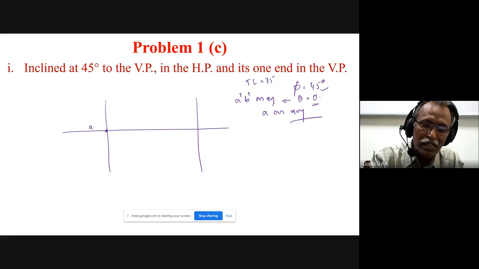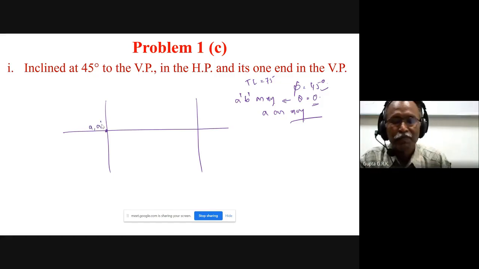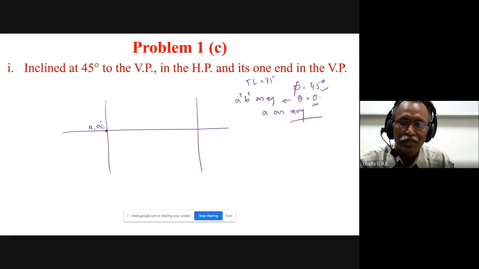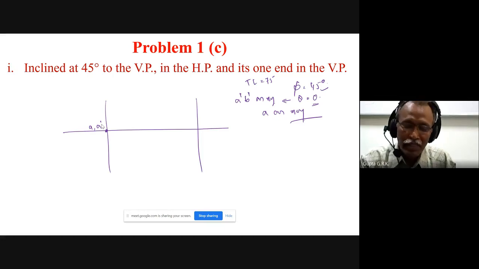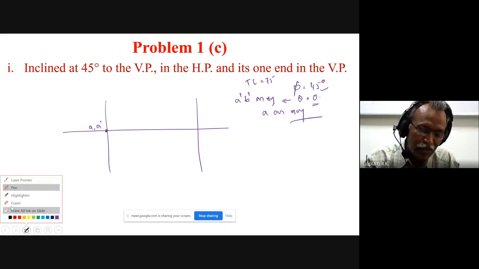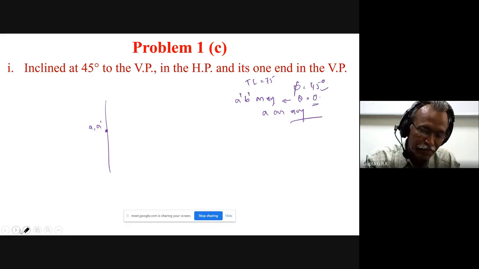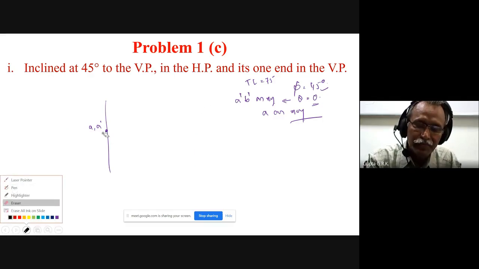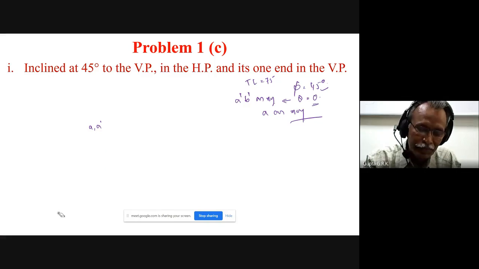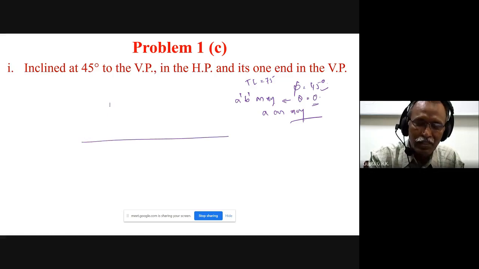Both coincide, A comma A dash. Okay, and B, I cannot draw the line actually. I draw this, A comma A dash.